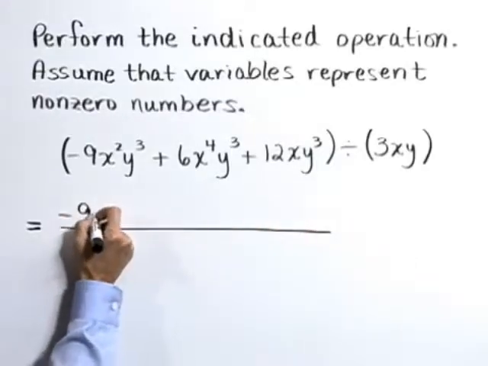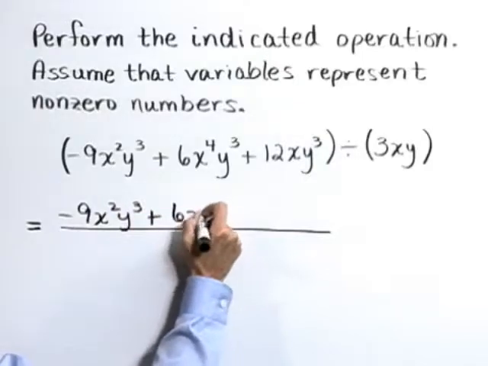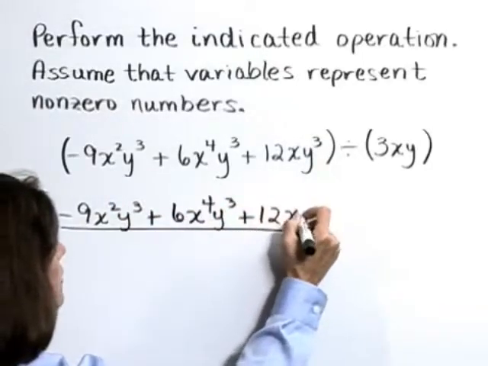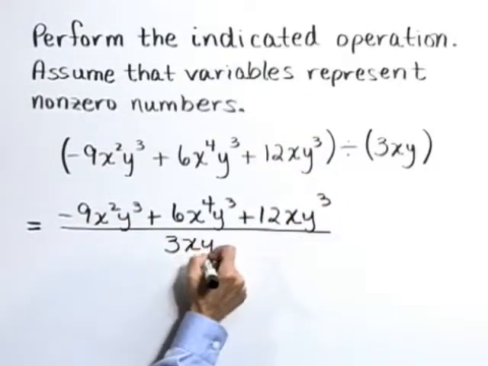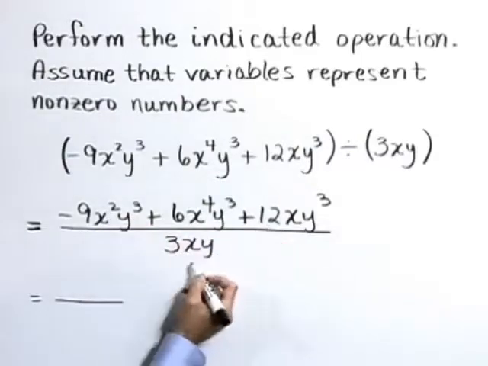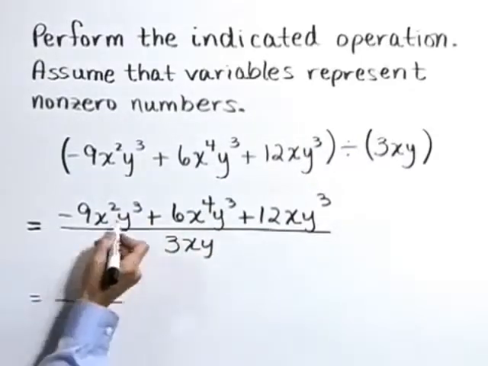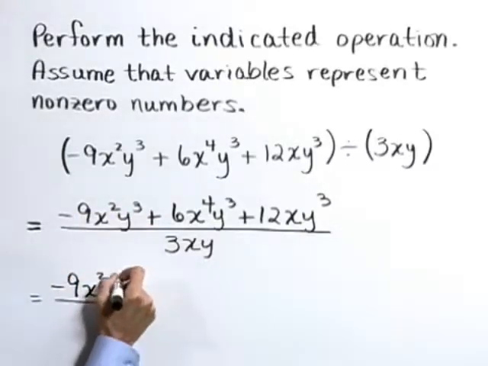as negative 9x squared y cubed plus 6x to the fourth y cubed plus 12x y cubed, all divided by 3xy. This helps us see that each term is going to be written over 3xy. We've got this term out in front that's in the numerator, negative 9x squared y to the third.